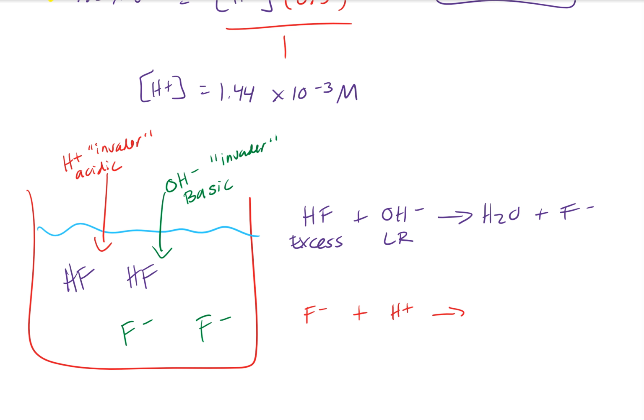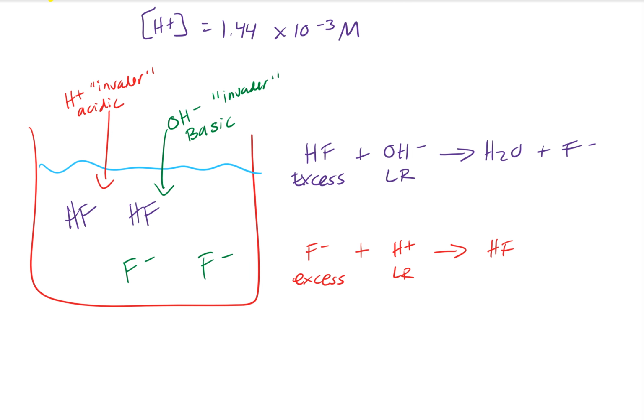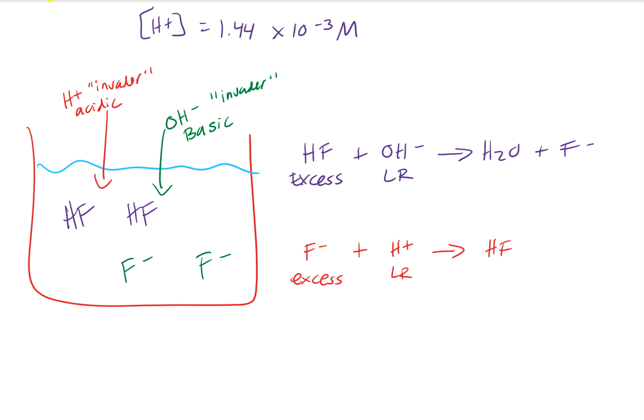Makes sense. We have to have an acid-base reaction to make HF. And as long as we don't add too much H+, as long as we keep it the limiting reactant, the fluoride is going to be in excess. And you're still going to have some hydrofluoric acid. In fact, you're going to have more hydrofluoric acid because you're making acid.